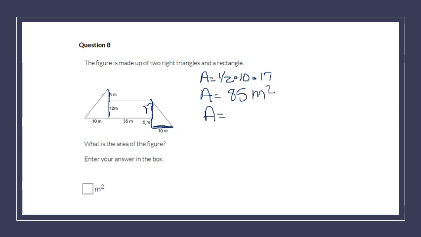And I'm going to write that twice to cover both of those triangles. Now I'm going to look at the rectangle, and I see that's 35 meters by 12 meters. So the area equals length times width. So 35 times 12.